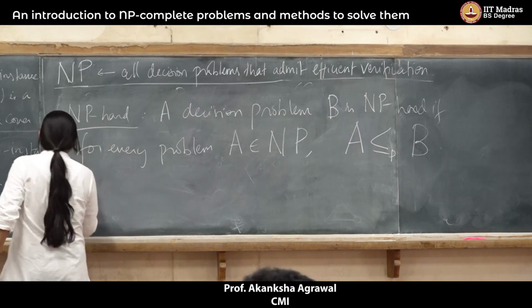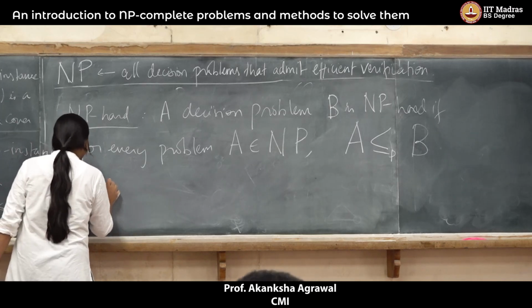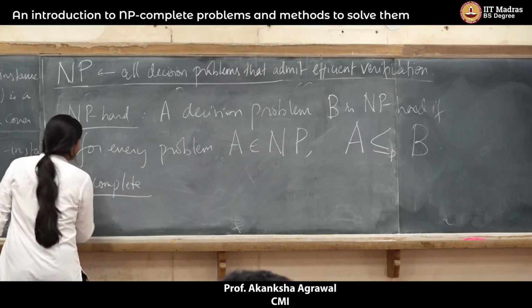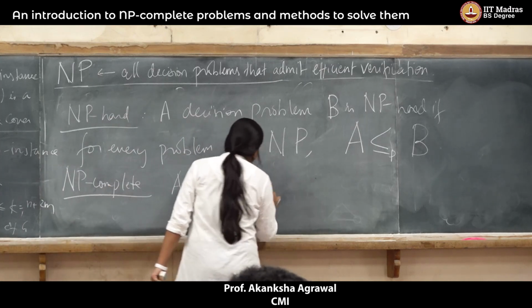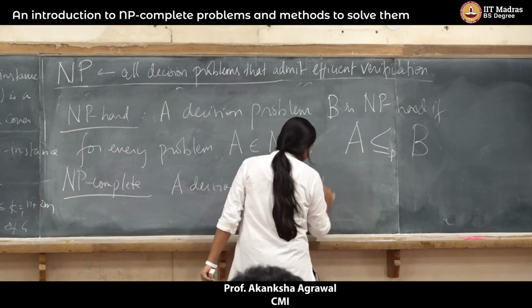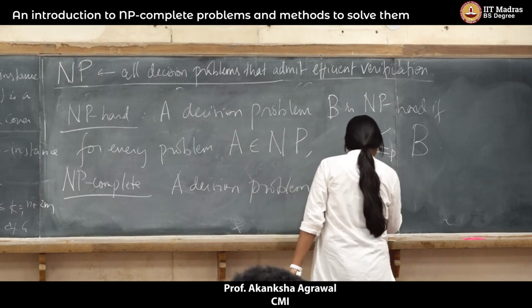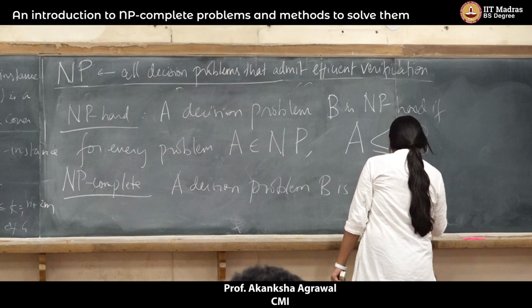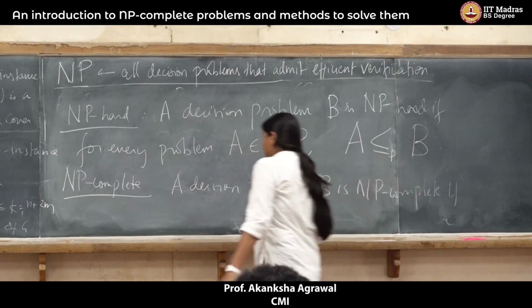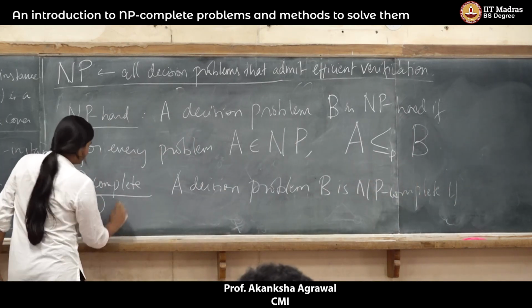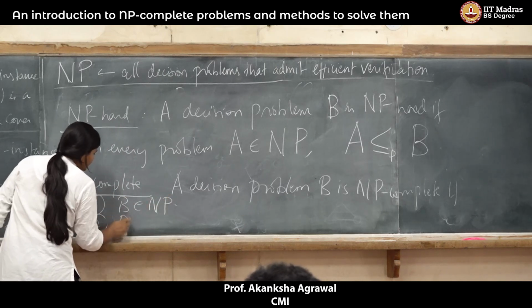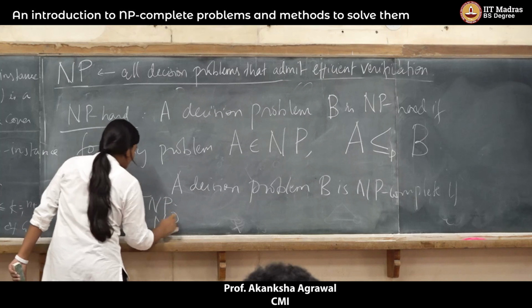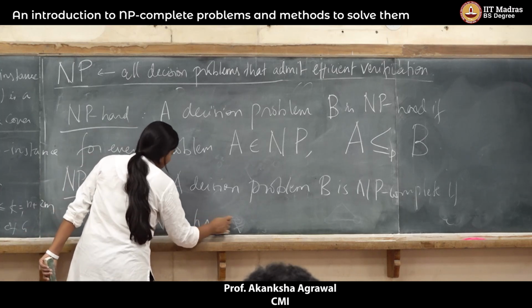And a problem B is NP complete if, one, the problem itself is in NP, and second, B is NP hard.